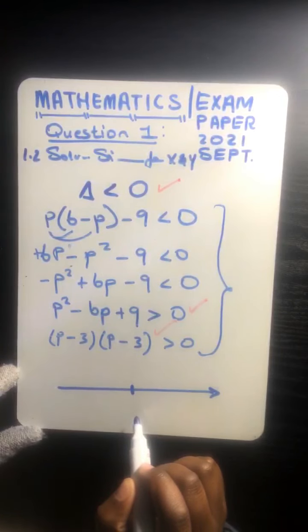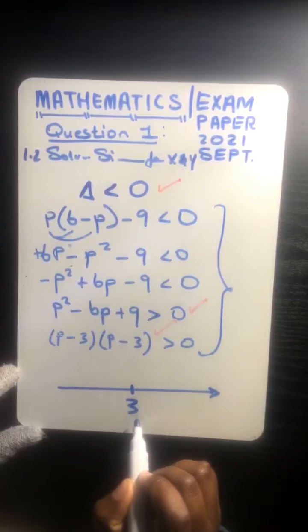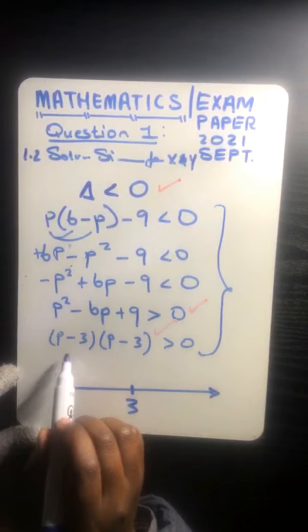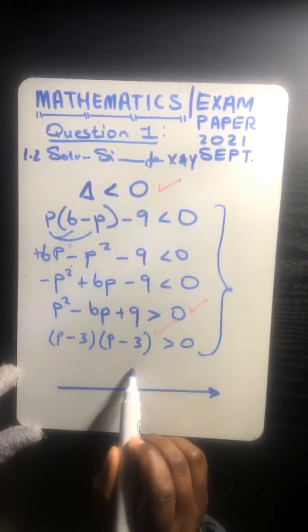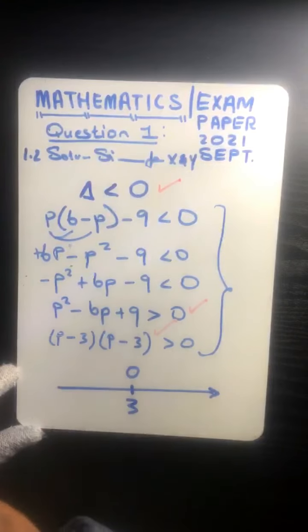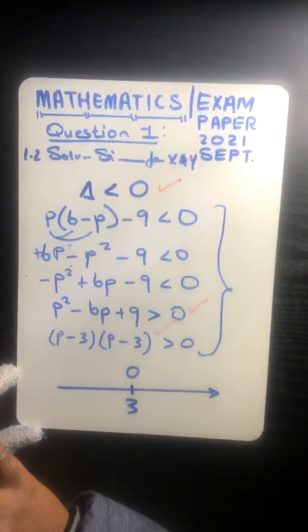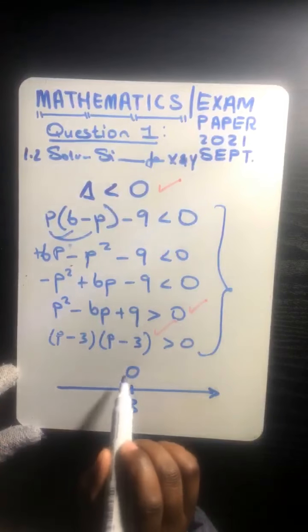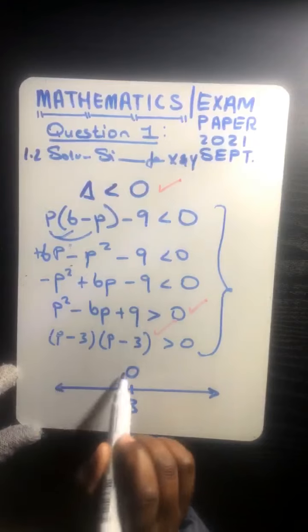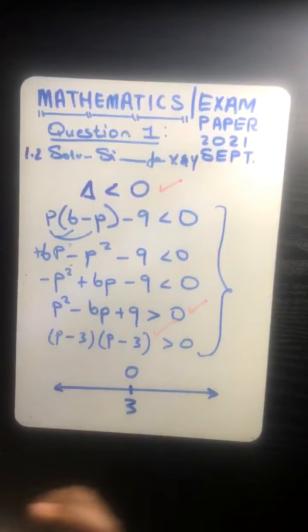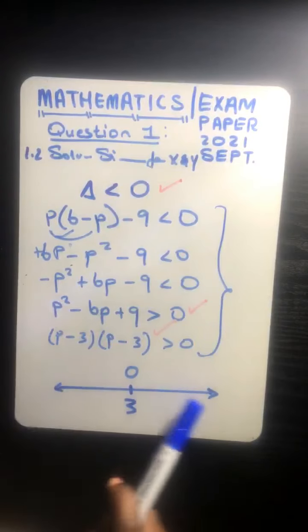So there I'm actually having a 3, because the critical value there is going to be P minus 3, P is equal to 3. So I'm having 3 there. Then I'm just going to have a circle over there which is not shaded because of that. And so that means I will need to either have that line heading in that direction or in that direction. So let me also confirm this one to say, can it be represented on a number line?